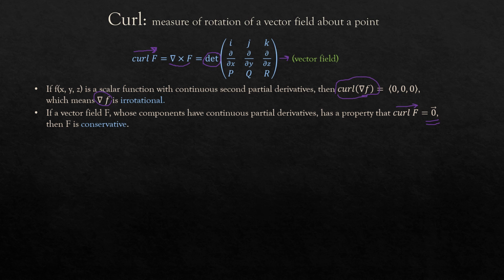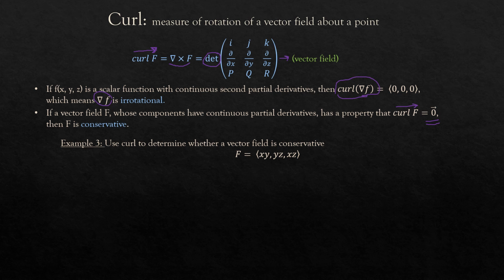All right, so now let's go ahead and apply this definition to determine if a vector field is conservative. Okay, so use curl to determine whether a vector field is conservative, and the vector field is given to us here, xy for the first component, yz for the second component, xz for the third.